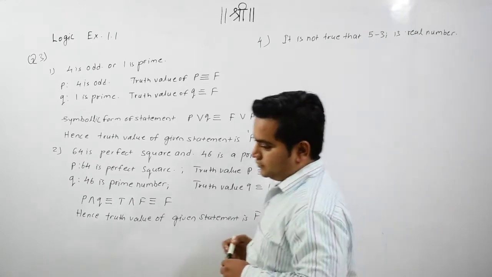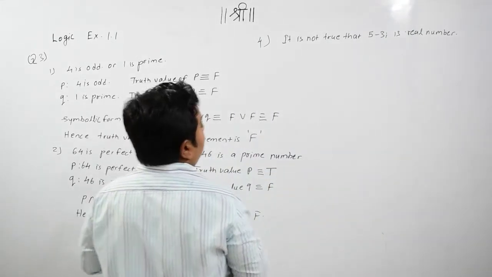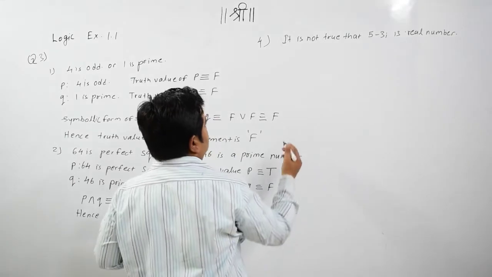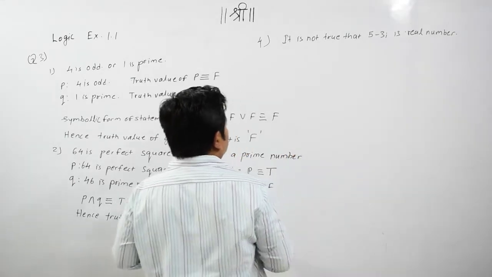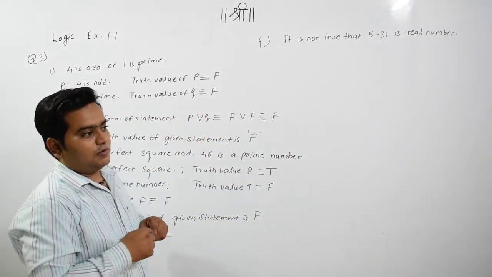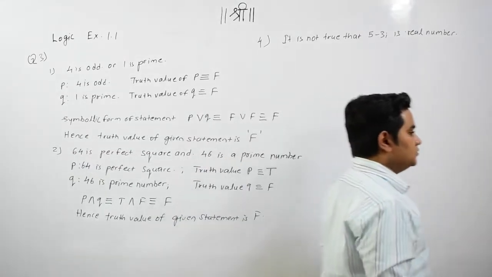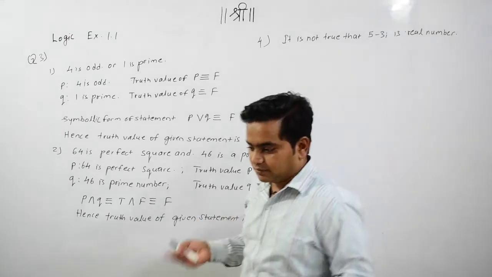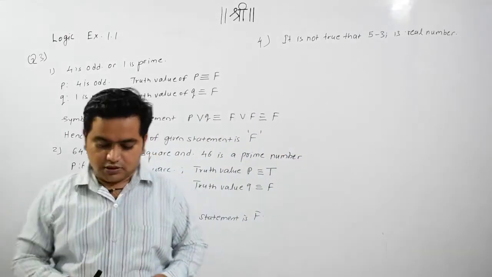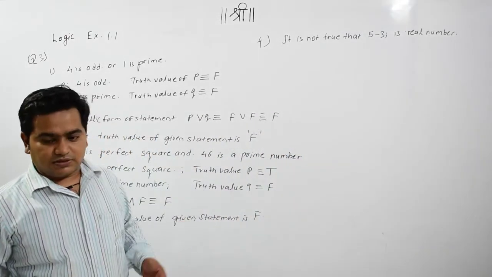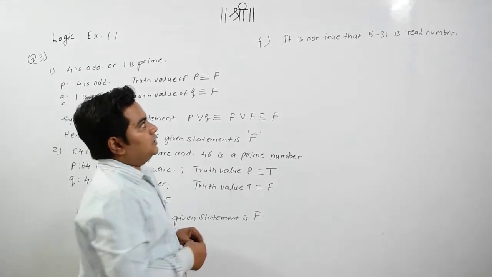Here we have this important question. All of you know that 5 minus 3i is a complex number, so common sense, it is not a real number. A real number can be a complex number, but a complex number cannot always be a real number. We use this statement in our complex number chapter. If you are aware of the complex number chapter, then it is possible to understand it.